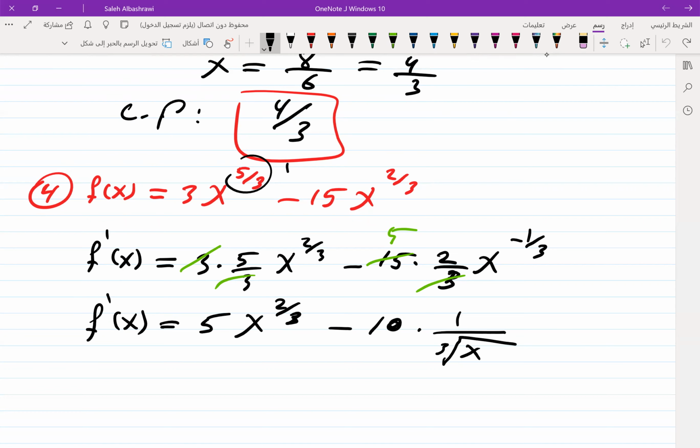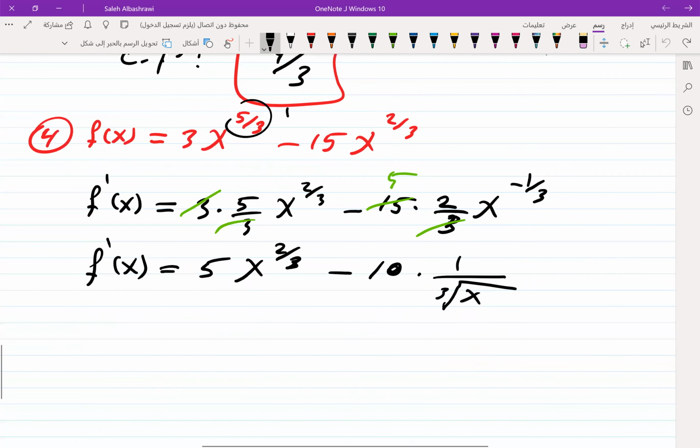x. This can't be equal to 0 unless x equal to 0. But when x equal to 0, the second term is undefined. So this can't be equal to 0. But it is not defined when x equal to 0.